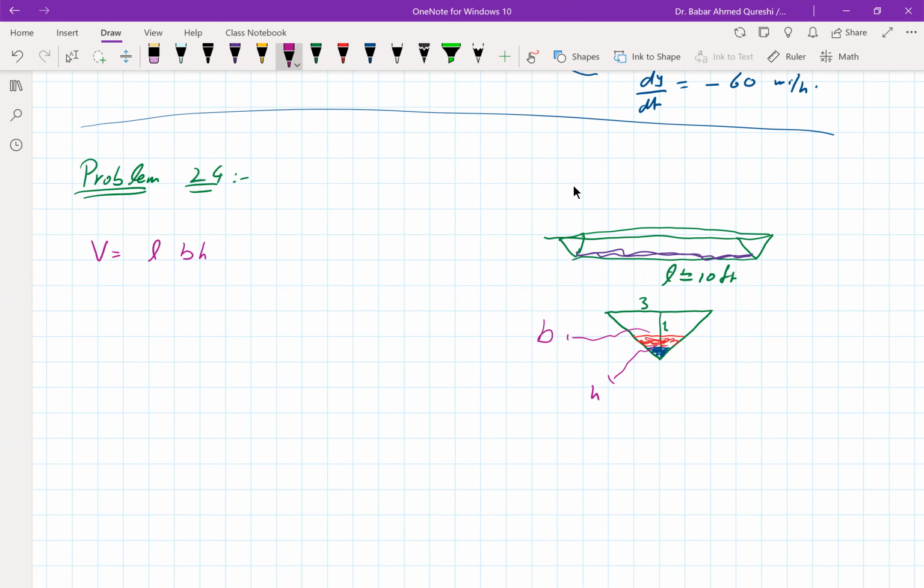Now the thing is that I can write the b in terms of h, because I know that in the original thing, I have b over h should have the same ratio as 3 over 1, since the cross section of the trough and the water triangle are similar triangles.